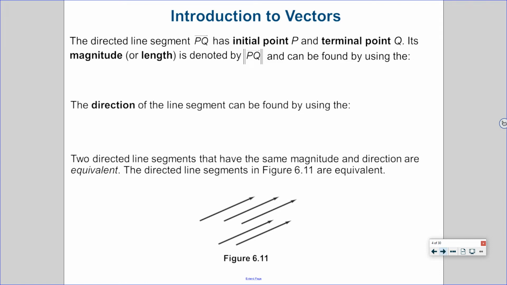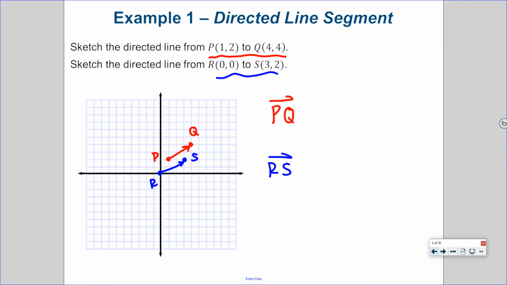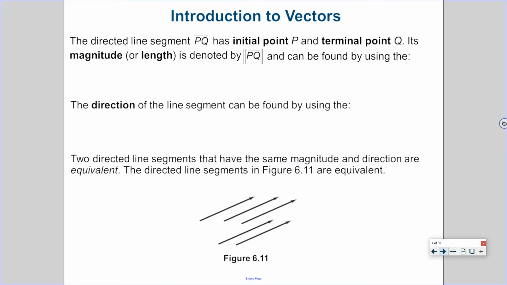I could find the magnitude, which is just the length, of these directed line segments, just like we did in the warm-up. I personally like to use the distance formula. I don't know about you guys. We'll write down both in our notes.